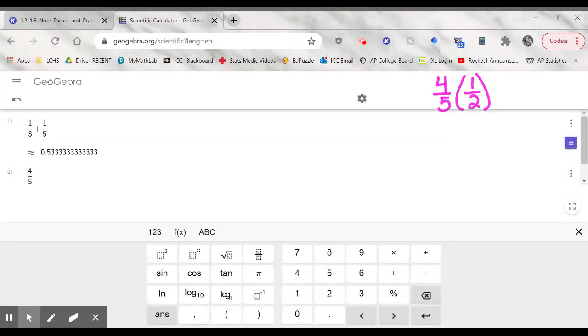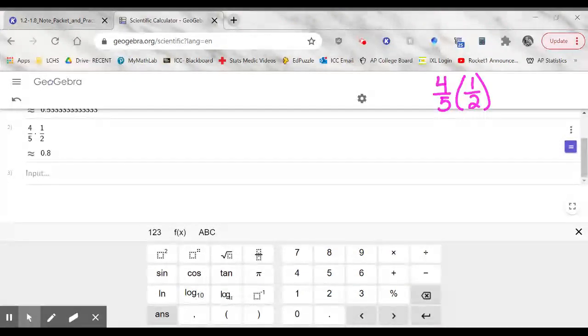And then I'm going to arrow out of that and multiply, so times, and use the fraction button, 1, and then for the bottom, it would be 2. And you get 0.4, which is the same as 2/5.